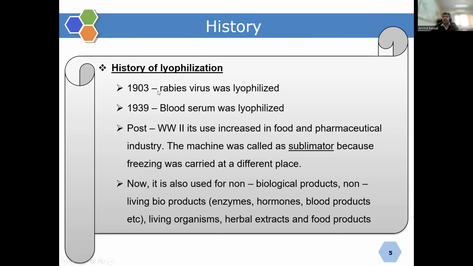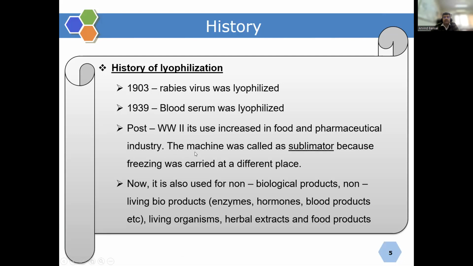The history of lyophilization dates back to 1903 when rabies virus was lyophilized. Thereafter, in 1939, blood serum was lyophilized for the first time. Post World War II, use of lyophilization increased in the food and pharmaceutical industry.